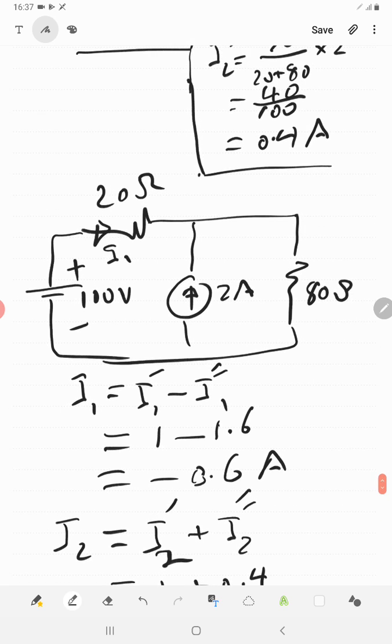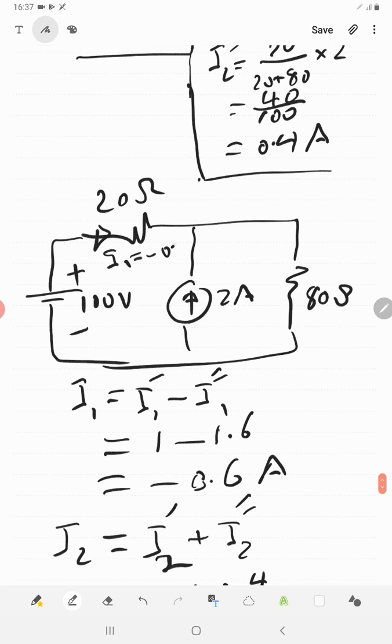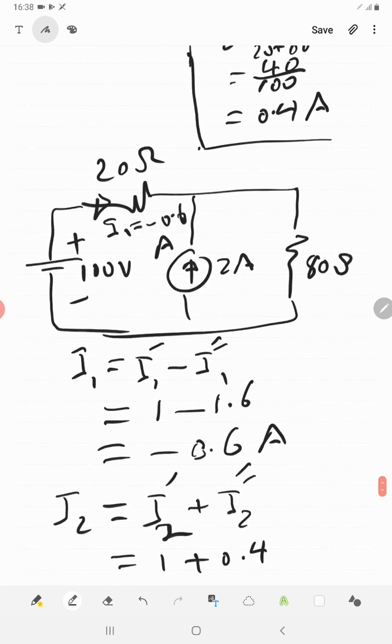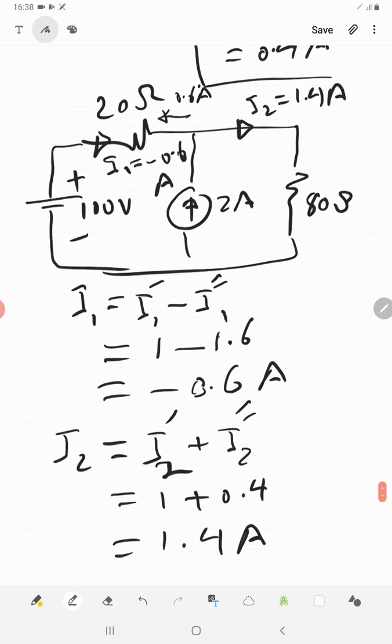Now, coming back to the circuit here, we have I1 negative, minus 0.6 amps, while I2 is positive, which is 1.4 amps. So of the 2 amps supplied by the current source, 1.4 will come to this side, and the other 0.6 amps will go to the other side, okay?